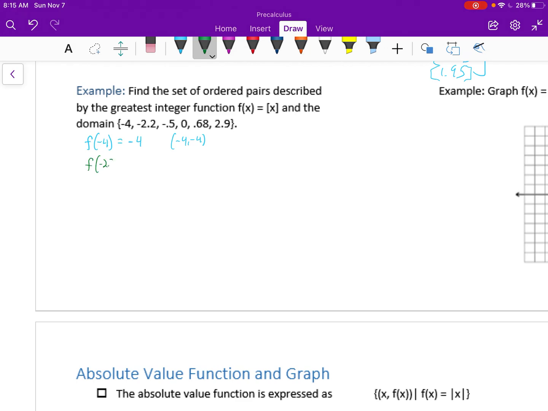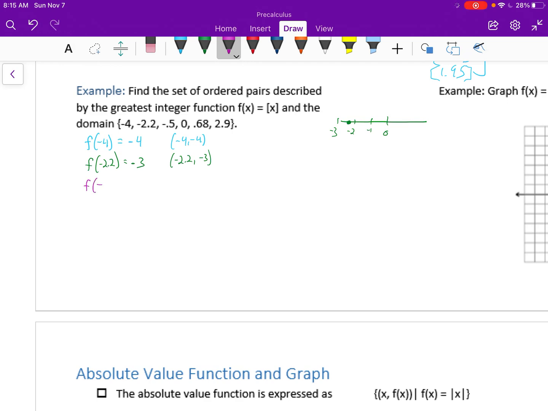F of -2.2, this is where it sometimes gets tricky, but if you think of a number line, here's 0, -1, -2, -3. -2.2 is right about there, and remember, we want to round down. We want the greatest integer less than or equal to that number, so it rounds down to -3. So we have the point -2.2, -3.